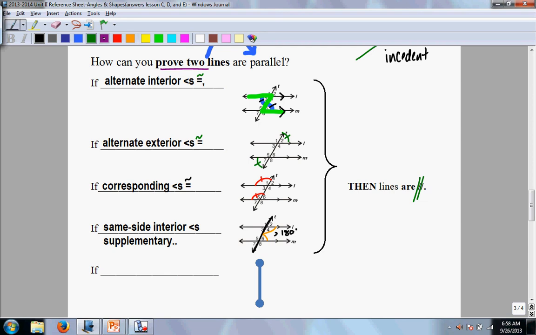Now there's a fifth one here. Take a straight edge, please, to that line right there. Draw a perpendicular line. Put the right angle box there. And draw a second perpendicular line and put the right angle box.